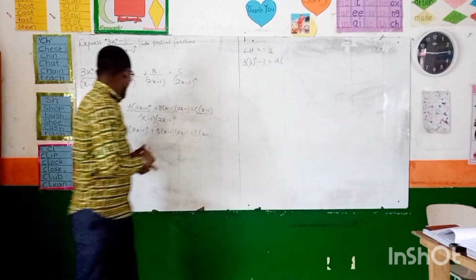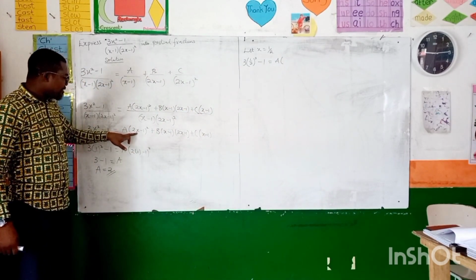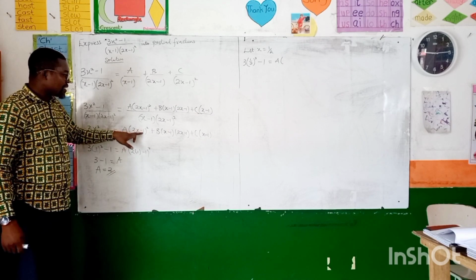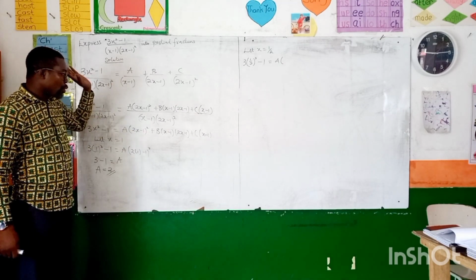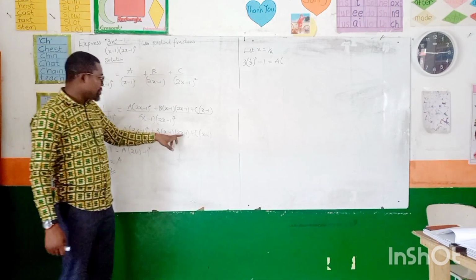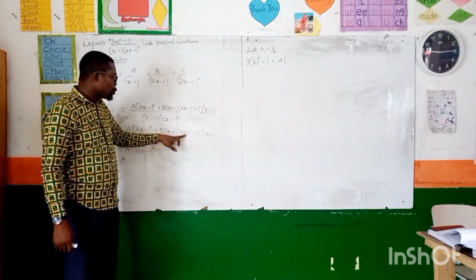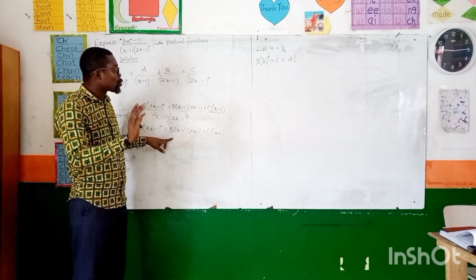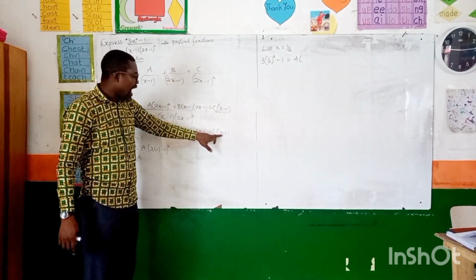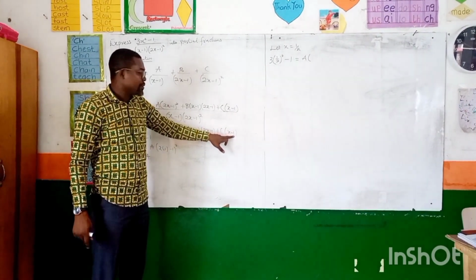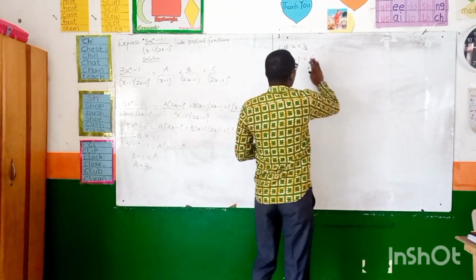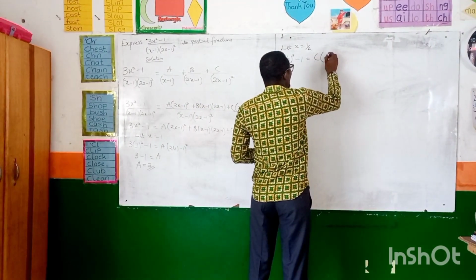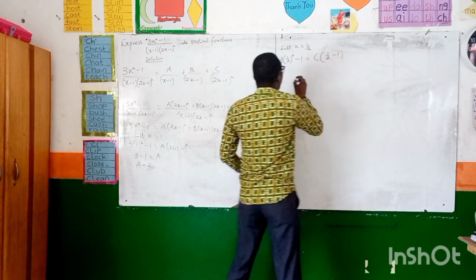Now let us see, half of 2 is 1. 1 minus 1 is 0, so my A will be gone. If I come here, the same thing. Half of 2 is 1, 1 minus 1 is 0, which will multiply everything, so that will also be gone. So I'll be left with half minus 1. So this will be equal to C into bracket 1 over 2 minus 1.